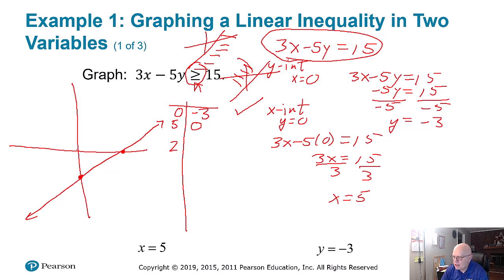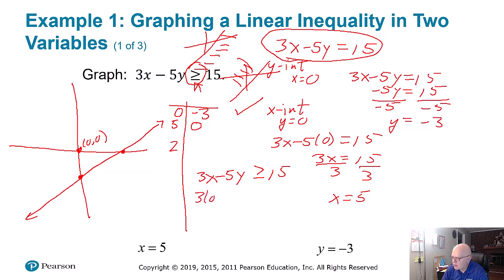Pick a point that is easy to work with. I'm going to use the origin, 0, 0. And I'm going to take my inequality, 3x minus 5y greater than or equal to 15. What I'm going to do is see if 0, 0 is on the right side of the line. Am I going to shade in this side, see the point? Or am I going to shade in the other side?